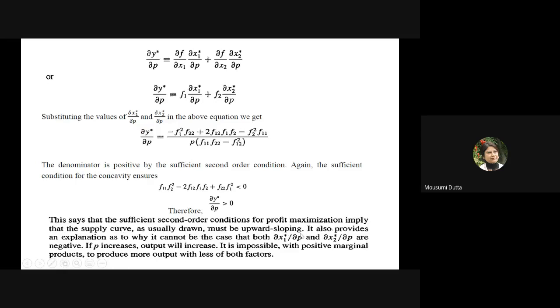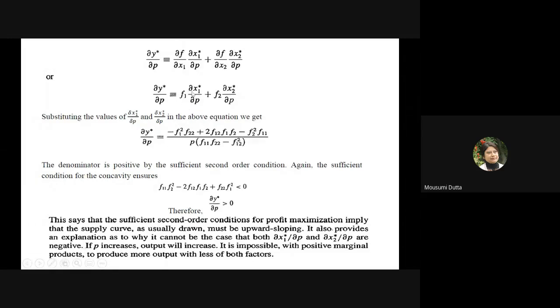So the sufficient second order conditions for profit maximization imply the supply curve as usually drawn must be upward sloping. It also provides an explanation as to why it cannot be the case that both del x1 star by del p and del x2 star by del p are negative.